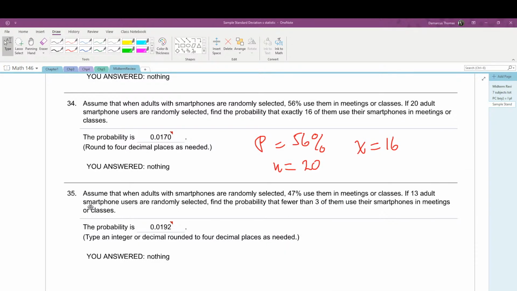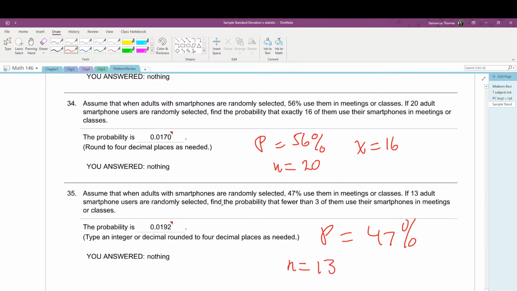So here's the next problem. It says, assume that when adults with smartphones are randomly selected, 47% of them use them in meetings of class. So this time we're dealing with the probability is 47%. 13 adults, so our number of trials is 13.